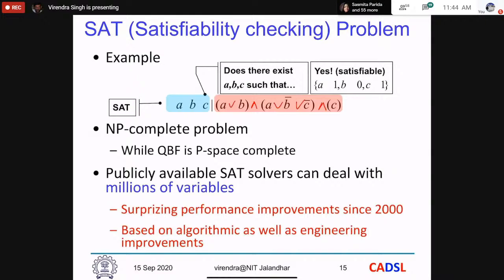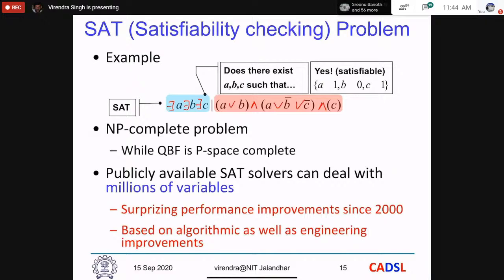I want a solution for which it evaluates to true. Then I say there exists some value of a, there exists some value of b, and there exists some value of c, such that this formula is satisfied.